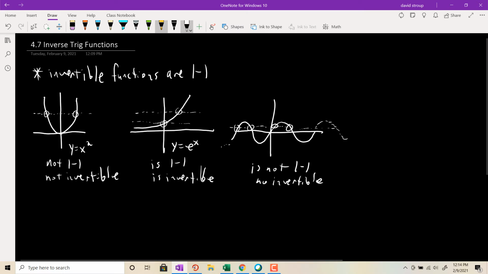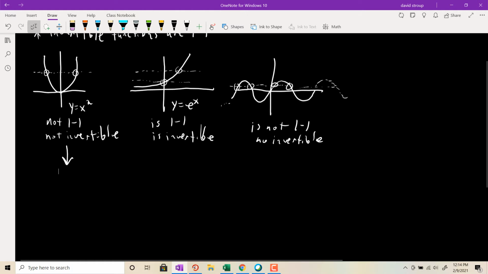Okay, so in pre-calc, what was the solution? The solution for y equals x squared was to restrict the domain and force it to be one-to-one. You probably saw y equals x squared being drawn out like that, and then to get its inverse function, you just rotate it about the line y equals x, and you end up with this character, which turns out to be the square root of x.